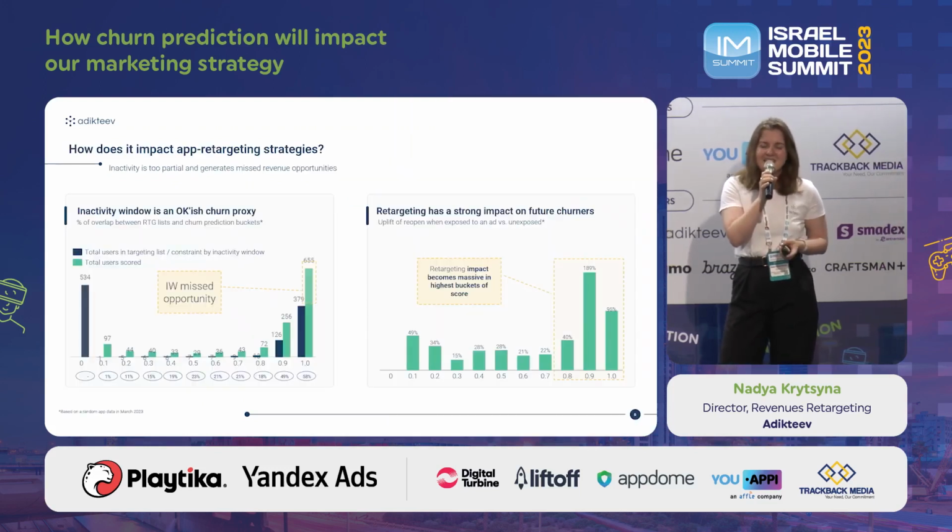And this opens up lots of freedom and a playground for marketers to play around with their current retargeting activities, because you can take this untouched segment with the highest probability to churn and run dedicated retargeting campaigns for those specific users who will churn.